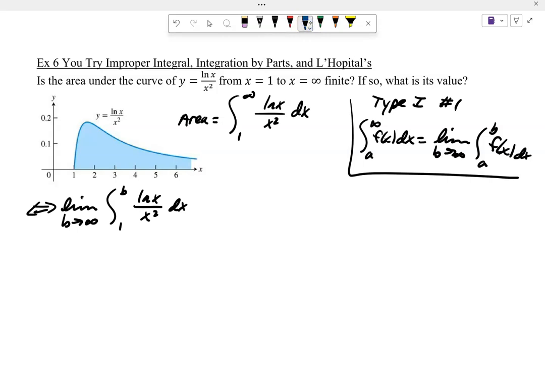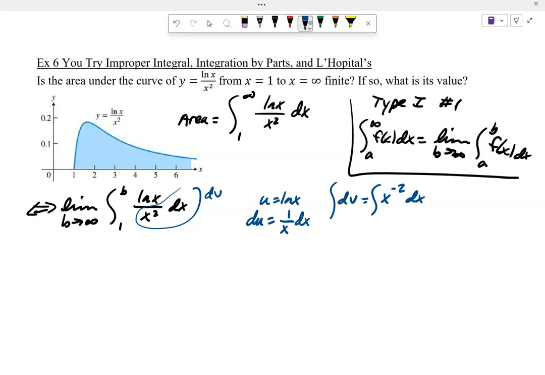Well, we've got another integration by parts. Here's our dv portion. And so our u is the ln of x. Our dv is the 1 over x squared dx, or x to the negative 2 dx. So take the derivative there. Integrate over here.